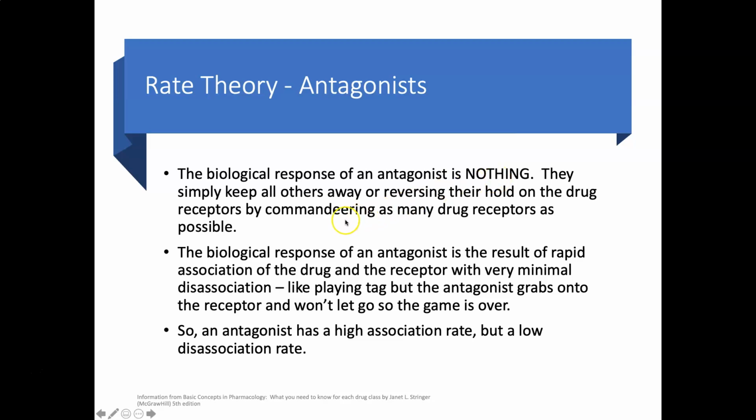They simply keep all others away or reverse an agonist's hold on the drug receptors by commandeering as many drug receptors as possible. The biological response of an antagonist is the result of rapid association of the drug and the receptor with minimal disassociation. So it's like playing tag, but the antagonist grabs onto the receptor and won't let go. So the game is over.